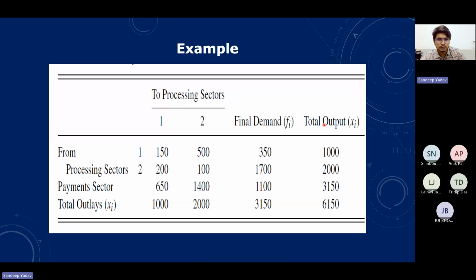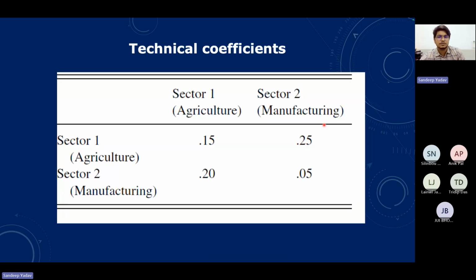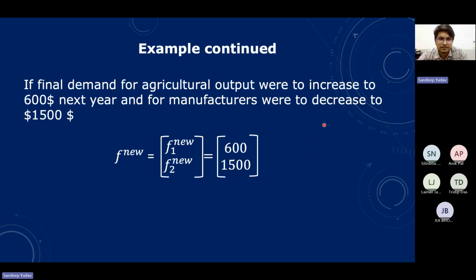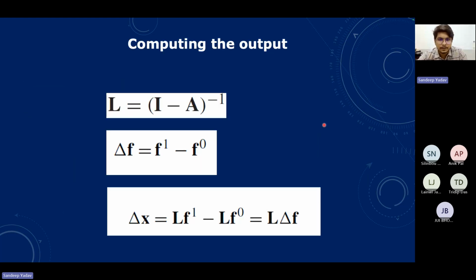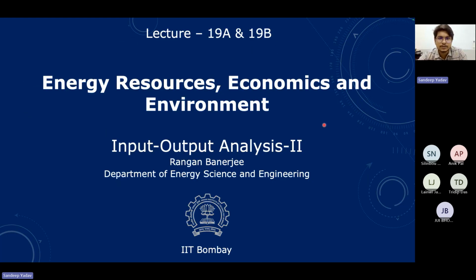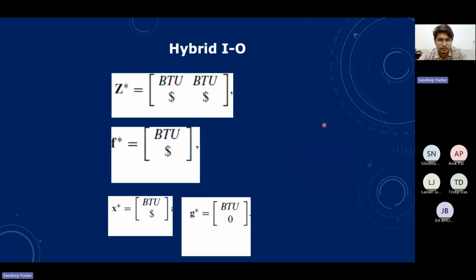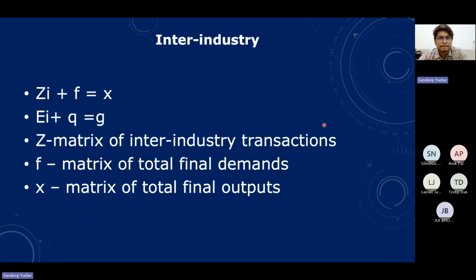And here if we go to the technical coefficient, as we can see, sector 1 to sector 2, from agriculture to manufacturing. We consider agriculture sector 1 to sector 1, that's 0.15, and we have to calculate the technical coefficients.